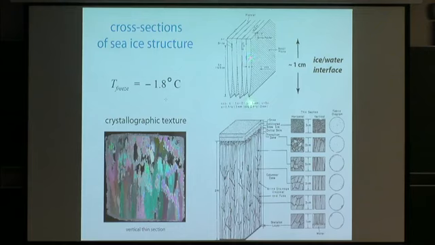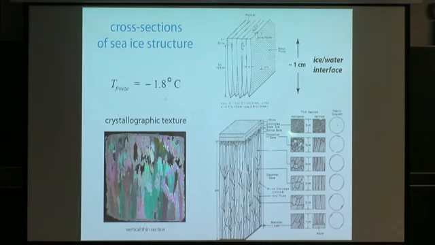So it's trying to reject the brine, but the very salty water gets trapped between these platelets of ice, with individual crystals with the c-axis pointing perpendicular to the basal plane.